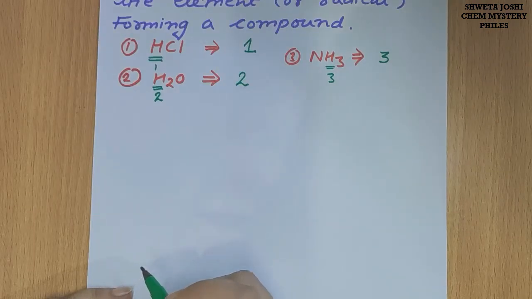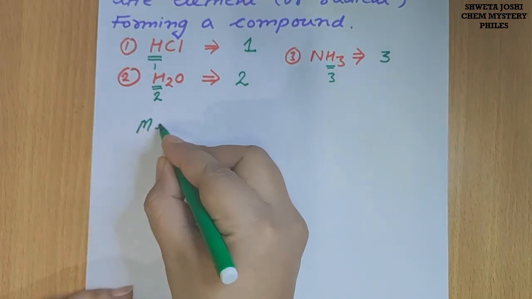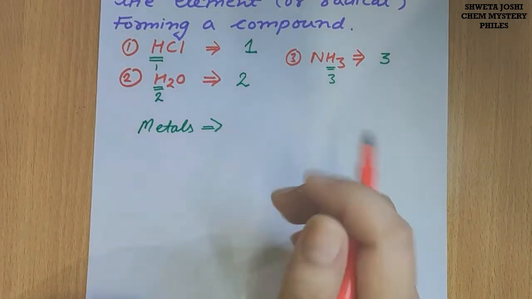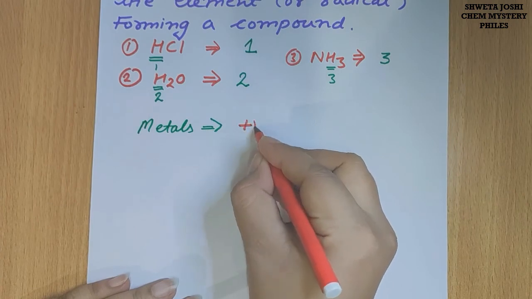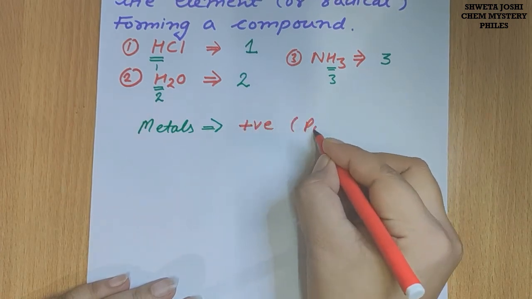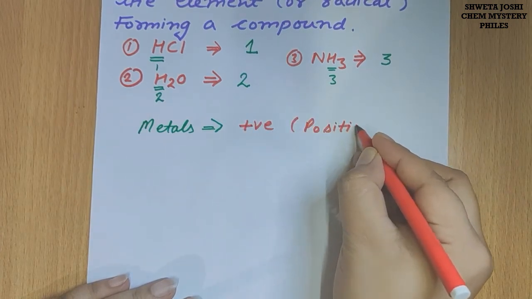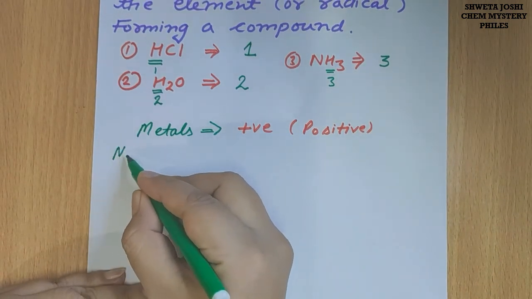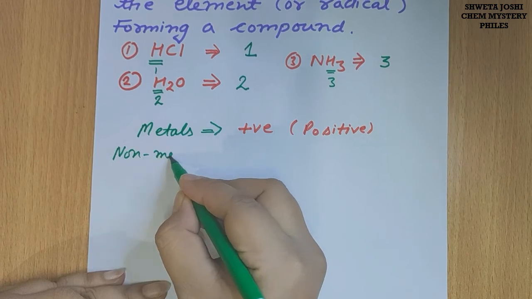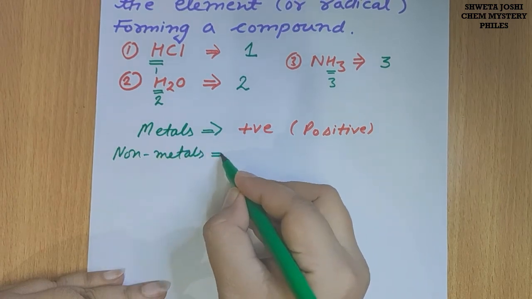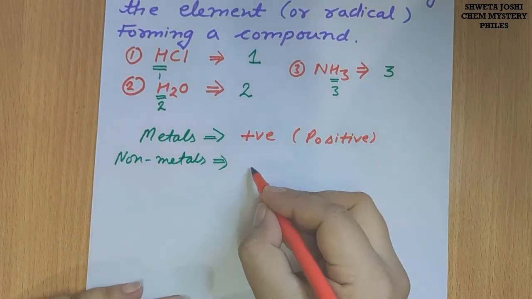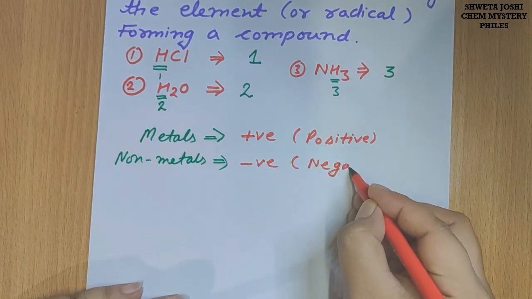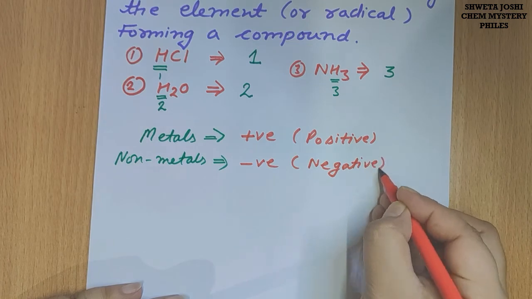In general terms, for metals, valency is considered as positive. And for non-metals, valency is considered negative.